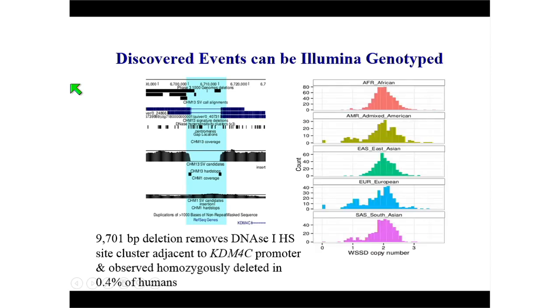Using read depth from the 1,000 Genomes project, you can clearly see the individuals that are missing this promoter. Interestingly, in this case, it's seen in mixed Americans as well as Europeans, but essentially absent in East Asians, Africans, and South Asians.